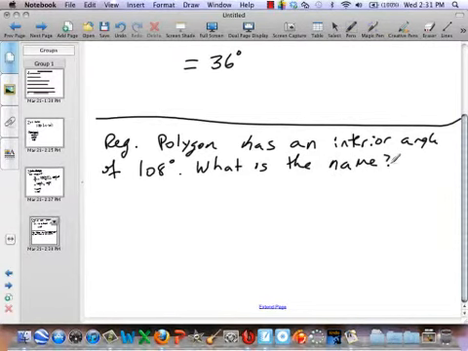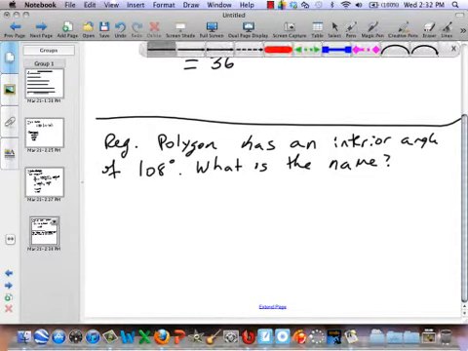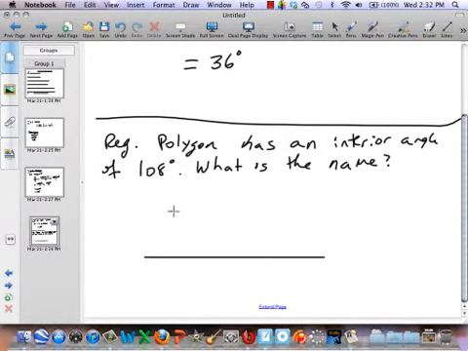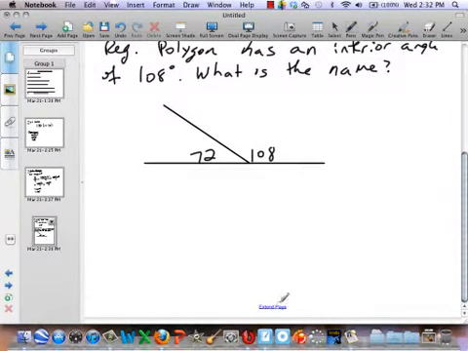Now this seems a little difficult to do, but follow the thought process. If my interior angle is 108, what's my exterior angle? 72. Because really, you have two options at this point. You could take 180 times (n minus 2) divided by n equals 108.